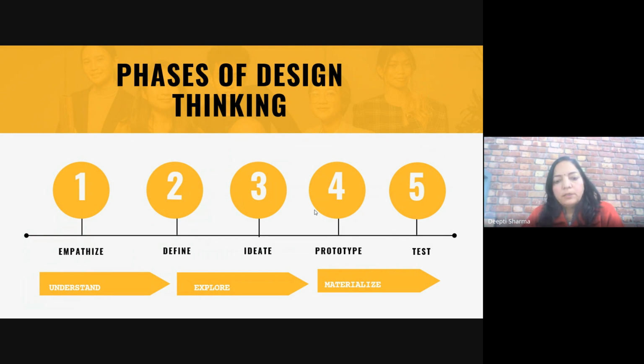In phases 2, 3, and 4, that is define, ideate, and prototype, the students and faculty members are more involved in the ideation process or exploring new concepts. Prototype and testing are more involved with materializing the ideation, and together we are going to create the prototypes and test these prototypes as a team.